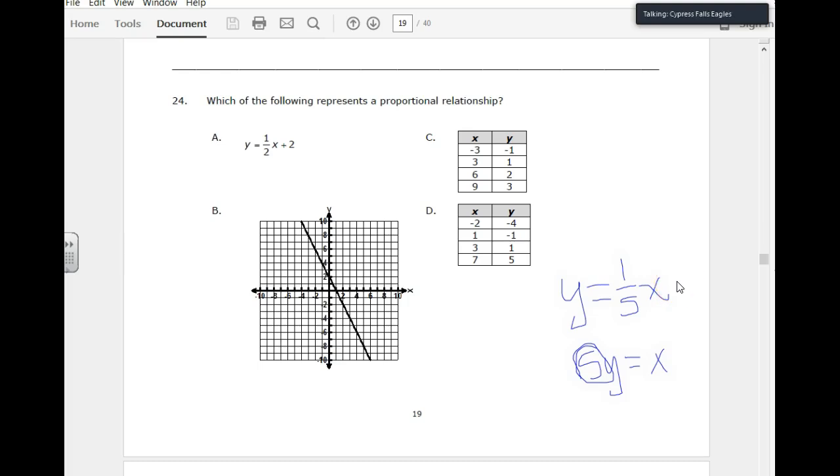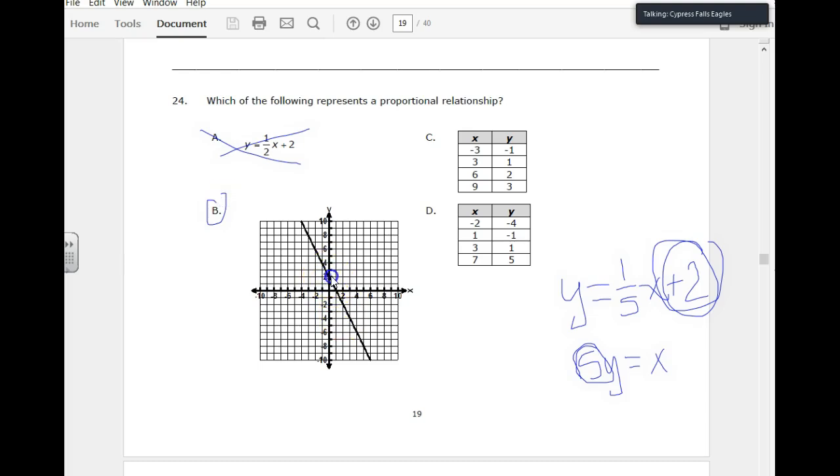Nothing can be added. It has to be a multiplier. So it has to be like 5 times a variable equals another variable.